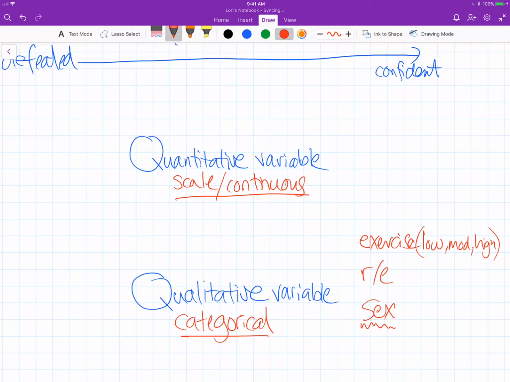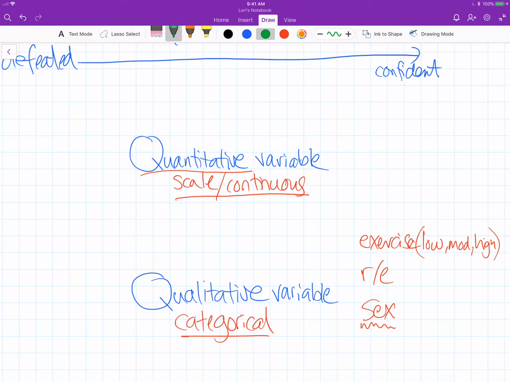On the other hand, we have these quantitative variables, otherwise known as continuous or scale. None of these words fully capture exactly what it is we're after, and the word quantitative can be confusing, and here's why. I think it's valid for you to understand.